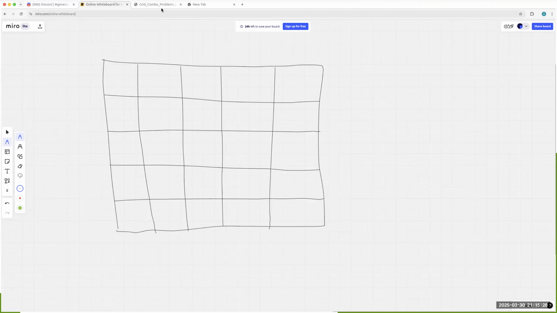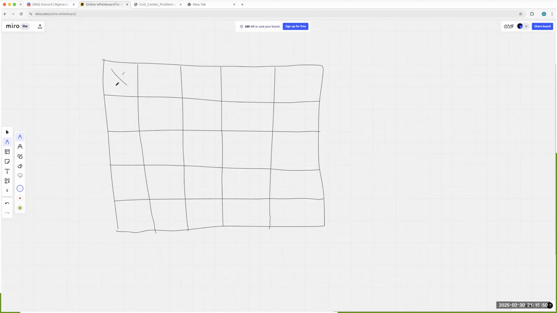So let's say you want to prove something for a 2 to the power of 2024 times 2 to the power of 2024 grid, right? Often those big numbers are not very fun to deal with, and so what you want to do is look at a small case. So here we're going to look at a 5 by 5 first.